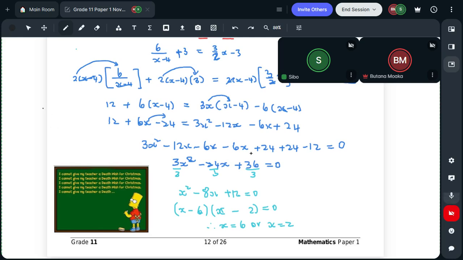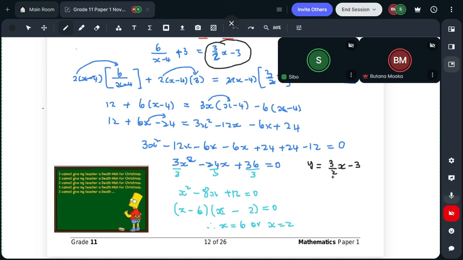So this is what you're going to do. You can choose any of these equations. I'm going to choose the easiest one, the straight line. So we know that the straight line is y equals 3 over 2x minus 3.